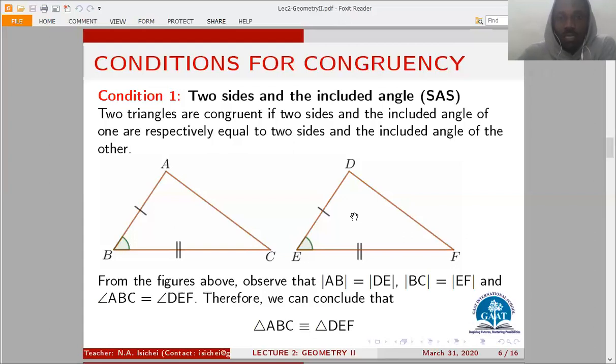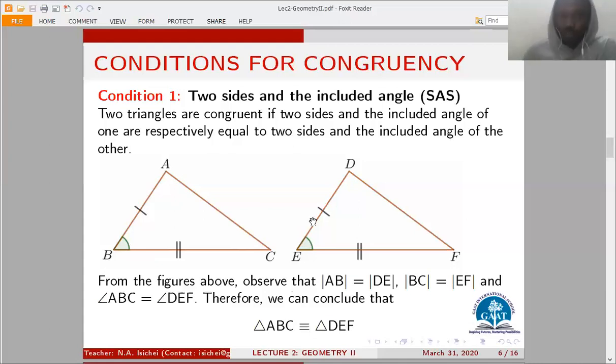Before congruency in this particular condition holds true, it must be the included angle, meaning that the angle must be in between the 2 equal lengths. So the angle at D is not included, the angle at F is not included, the angle at C is not included, and the one at A is not included. So included angle means the angle between the two equal corresponding sides. Please, is that taken? All right.